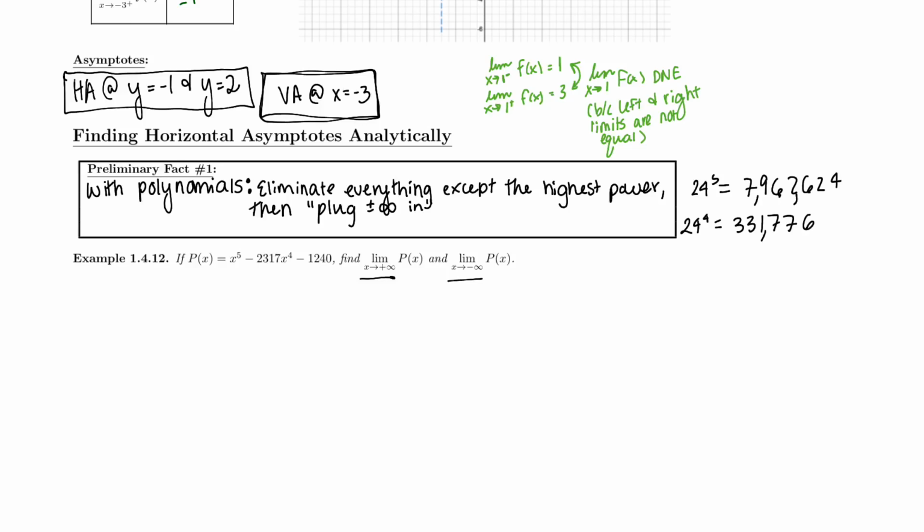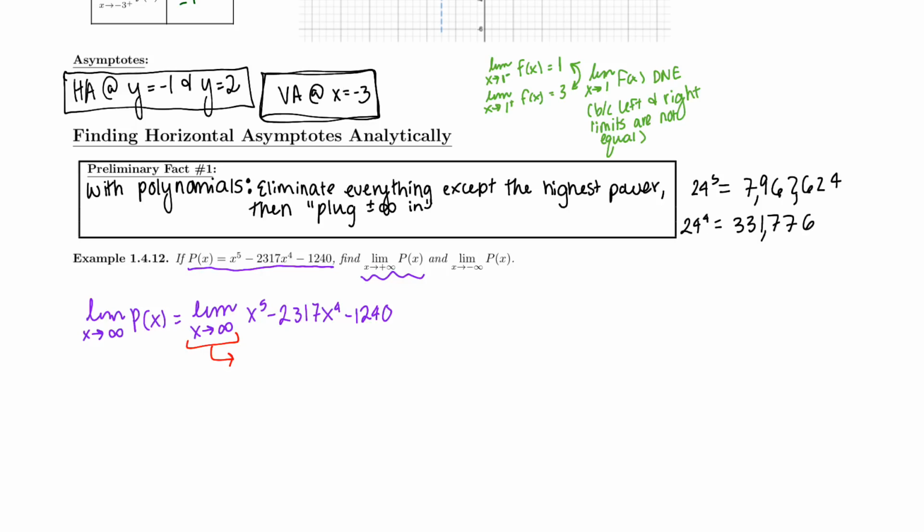Let me show you how that looks. We'll start with this guy right here: the limit as x goes to positive infinity of p of x, and p of x is this function right here. Because x is going to infinity, that means we can eliminate everything except for the highest powered term.